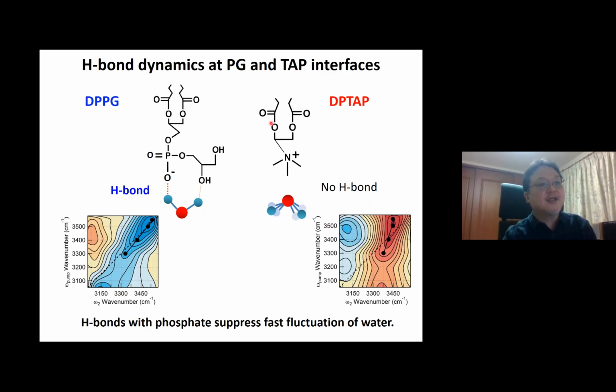But in the DPTAP case, the choline cannot form a hydrogen bond with interfacial water, so the fluctuation is very fast. Then the correlation is lost very rapidly. Then what we observe is quite vertical, like the center line slope at time zero.